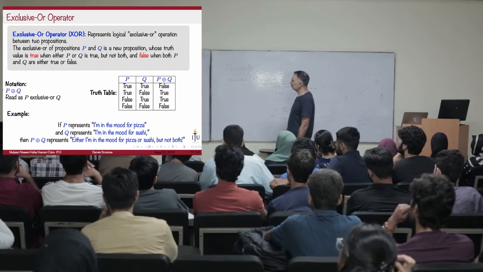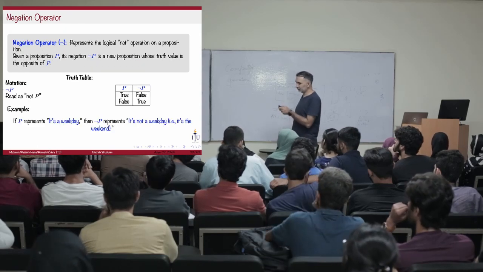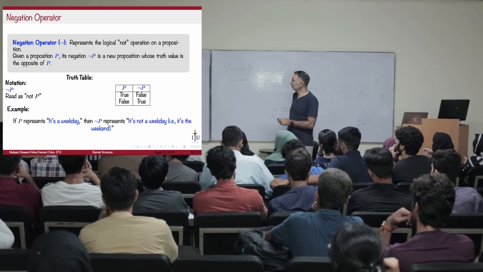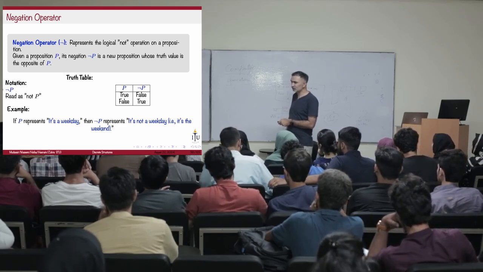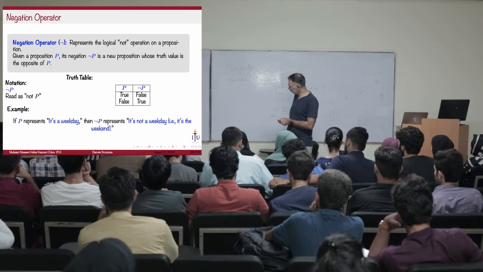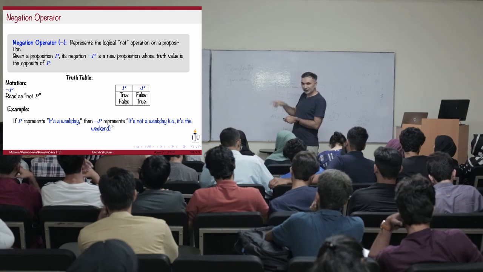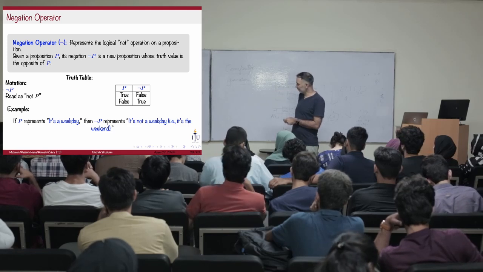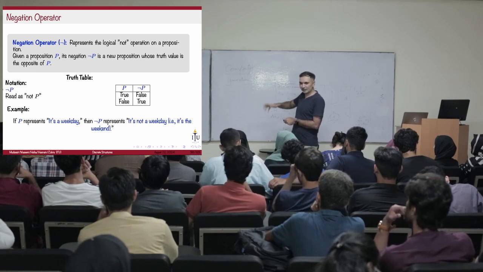All right. The fourth operator is the negation operator. We read it as not. This is a 270-degree rotated L, clockwise.